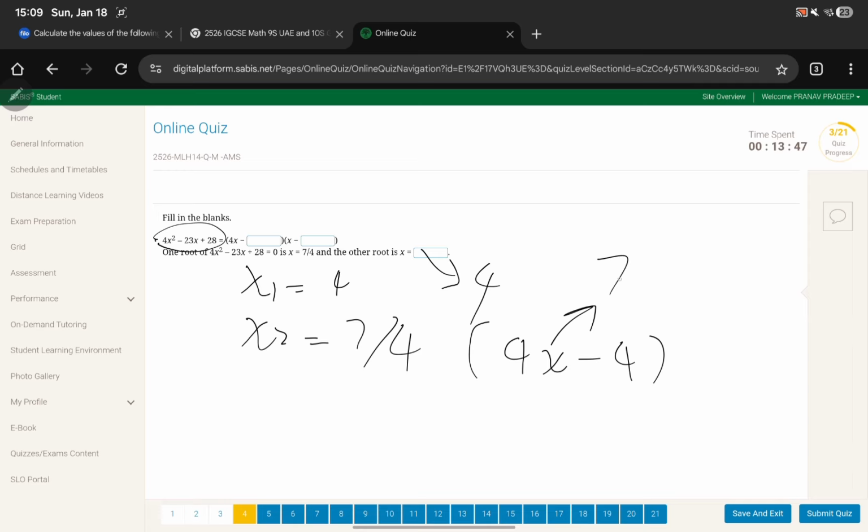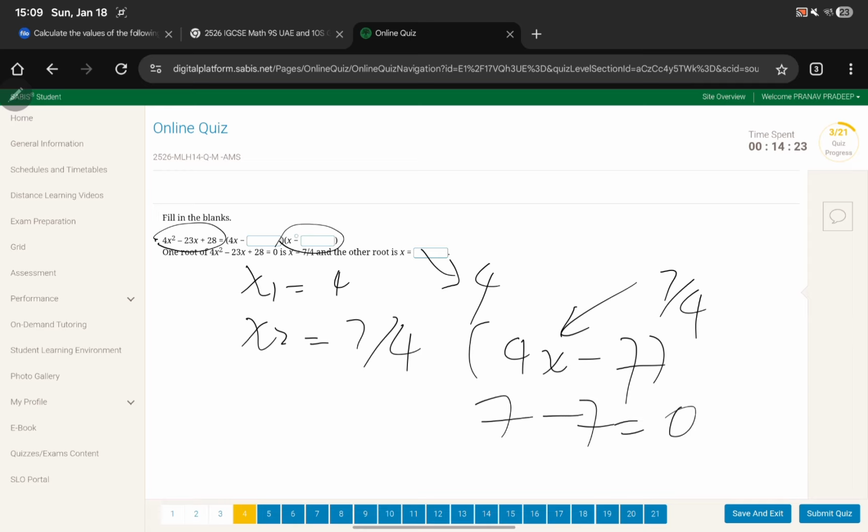So wait, if you put 7 over 4 here, as one of our solutions, you're going to get 4. If you do 4 times 7 over 4, it's going to be 7. Then you subtract 7 and you get 0.